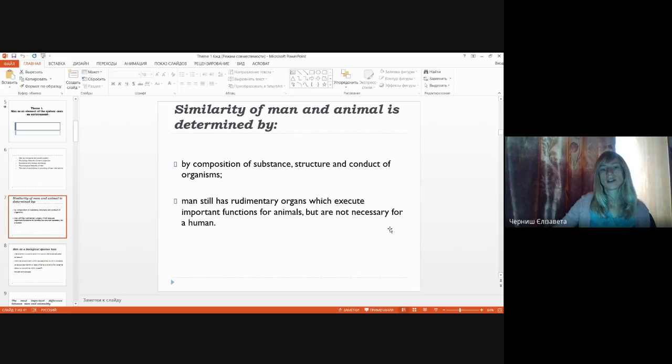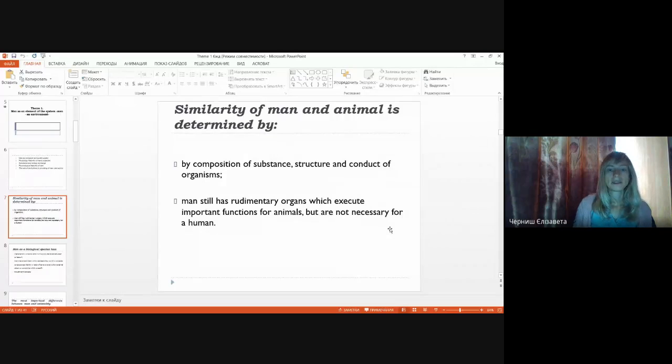The similarity of man and animals is determined by composition and substance, some structures of organisms, and some elementary functions. Man still has rudimentary organs that are not necessary for humans.